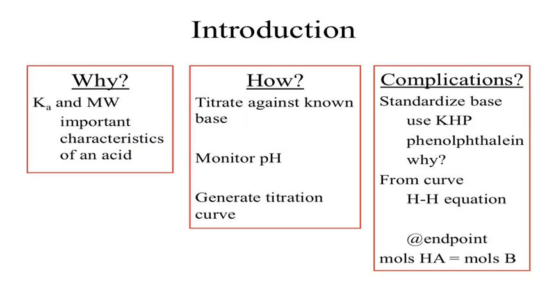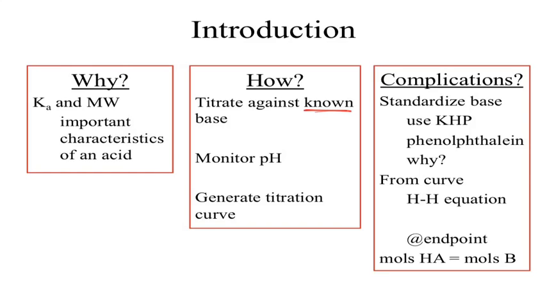So the first thing we need to do is make our base solution. It has to be a known base. What we'll do is slowly add the base and monitor the pH. We can then generate a titration curve, and we can pull information out of that titration curve.